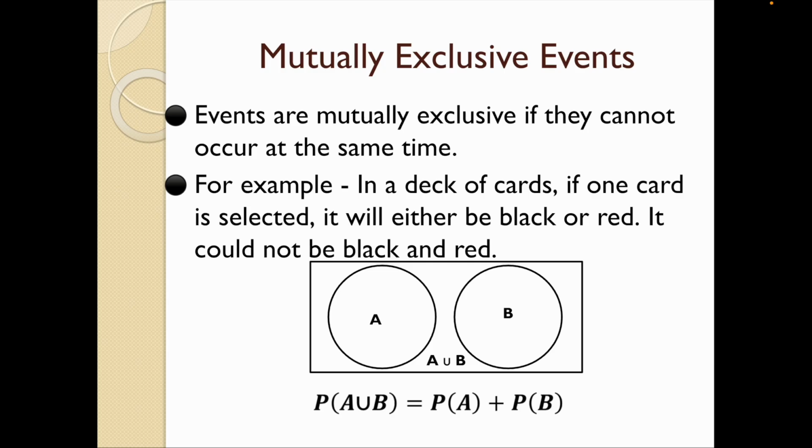Obviously, it could have mixtures, a little red here and a little black there, but you know what I mean in terms of the typical deck of cards. It's usually red cards, which would be hearts or diamonds, or black cards, which would be clubs and spades. So that's what we mean by mutually exclusive. It cannot happen at the same time.